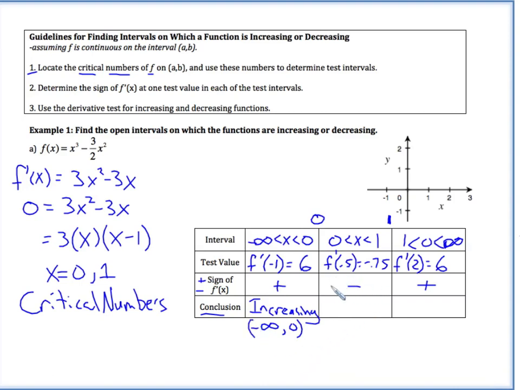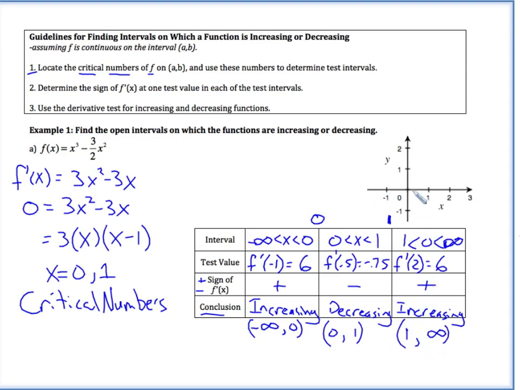Here, the derivative is negative between 0 and 1, and so we say this is a decreasing function on the interval 0 to 1. And here our derivative is positive, so again this is going to be increasing, and that's our interval from 1 to infinity.